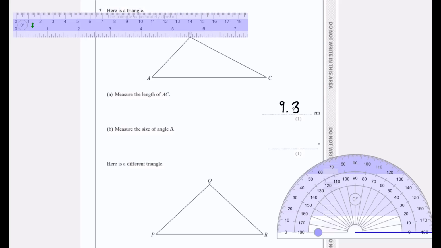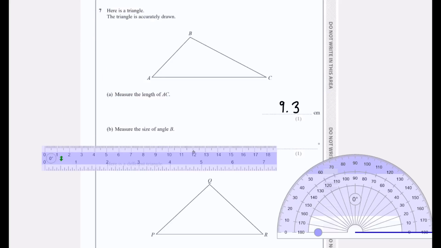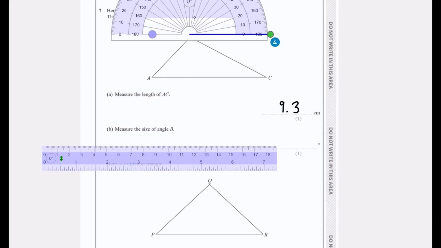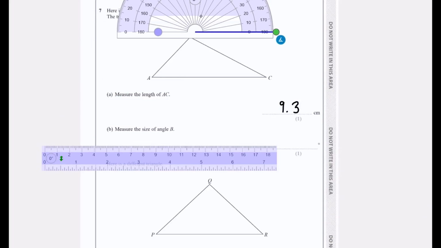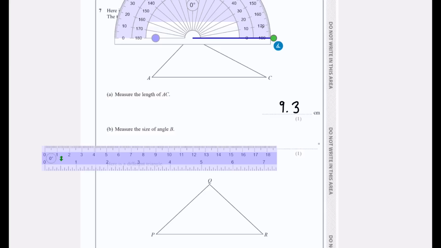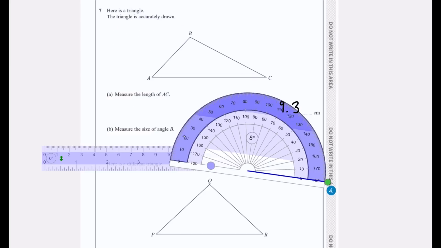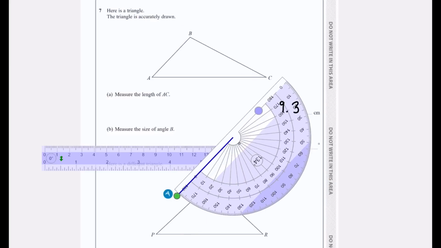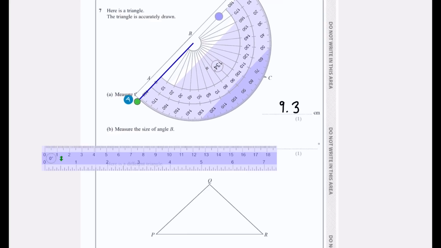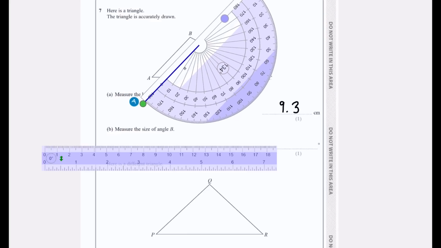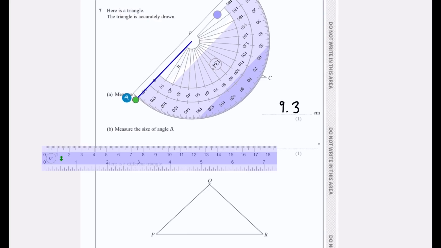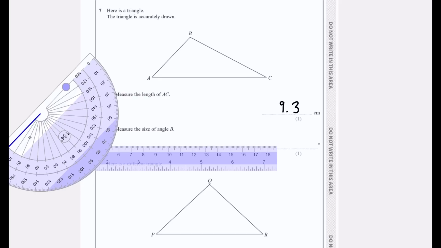Measure the size of angle B. So we grab our protractor. So we want to line up the 0 with angle B. Can't see it properly. Let me quickly draw over it. That might help.